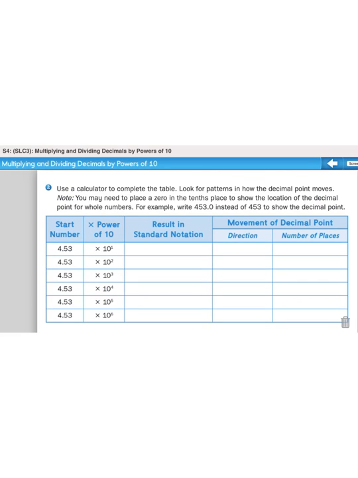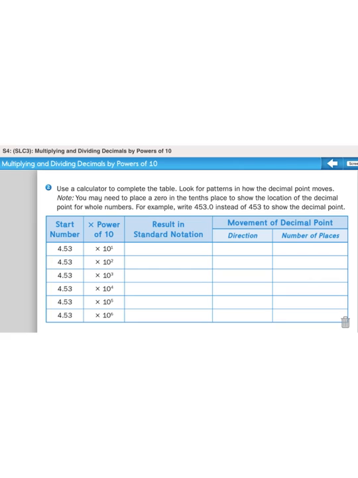I also put in the module this page that comes from your math journal. It would be page 196, and this is what the top part of it looks like. The instructions say, use a calculator to complete the table. Look for patterns in how the decimal point moves. Now, it also says there, note, you may need to place a 0 in the tens place to show the location of the decimal point for whole numbers.